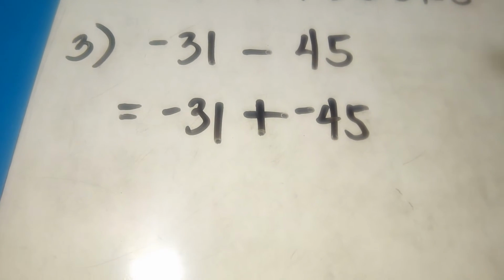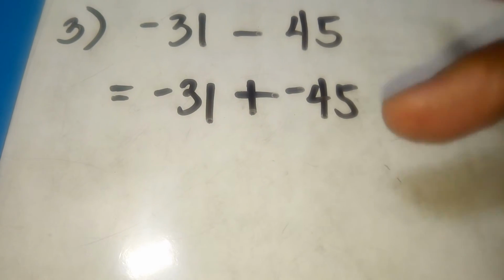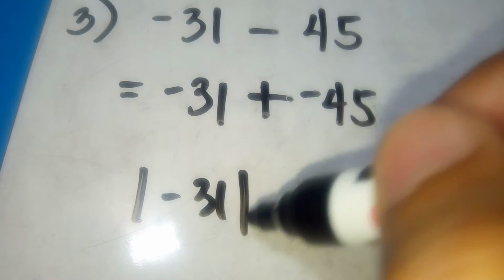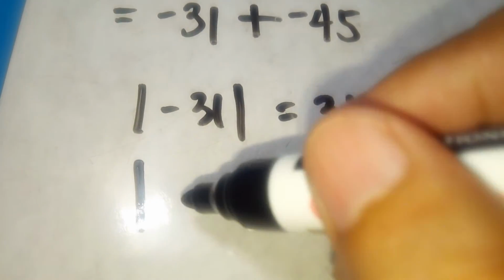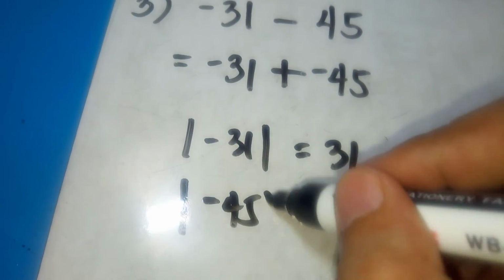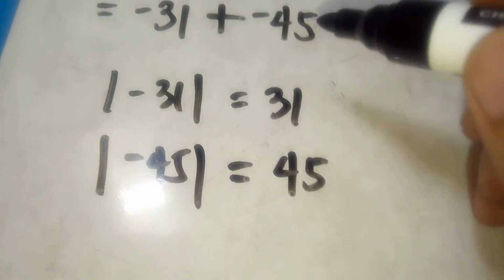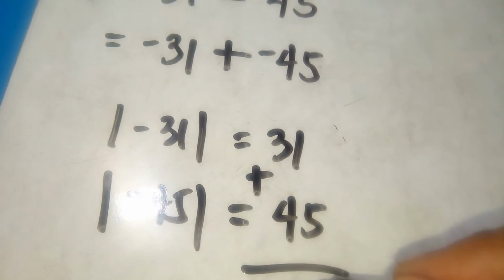Since they are already the same signs, just take their absolute values and add. The absolute value of negative 31 is 31, and the absolute value of negative 45 equals 45. Then just add the two, so that's 76.